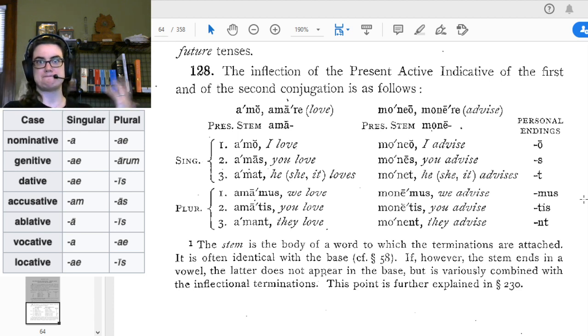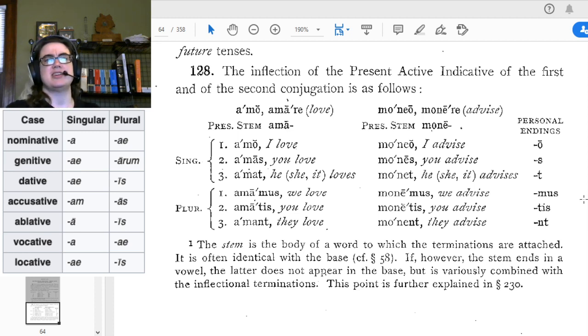Bam. And that's it. I advise, you advise, he advises, we advise, you advise, they advise. Not difficult. You just plug it in. So if you're good at math, if you're good at things with equations, Latin's really nice.